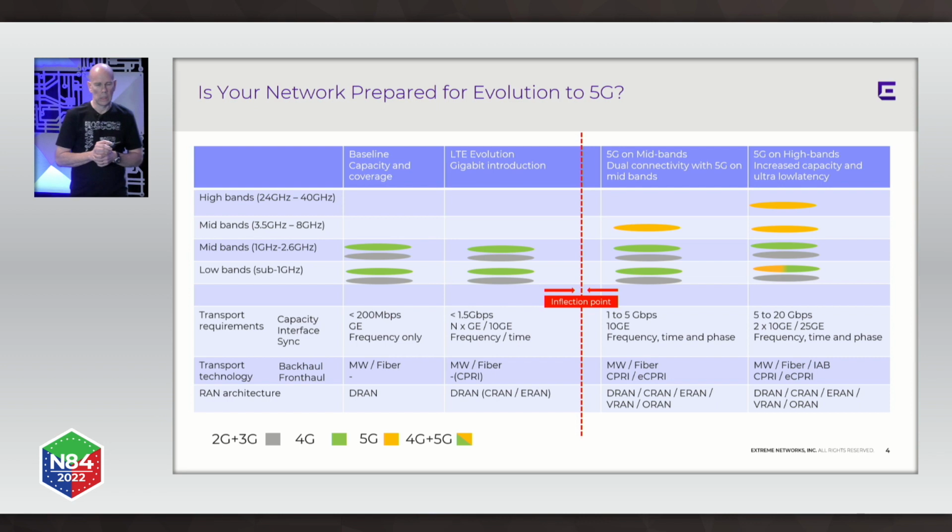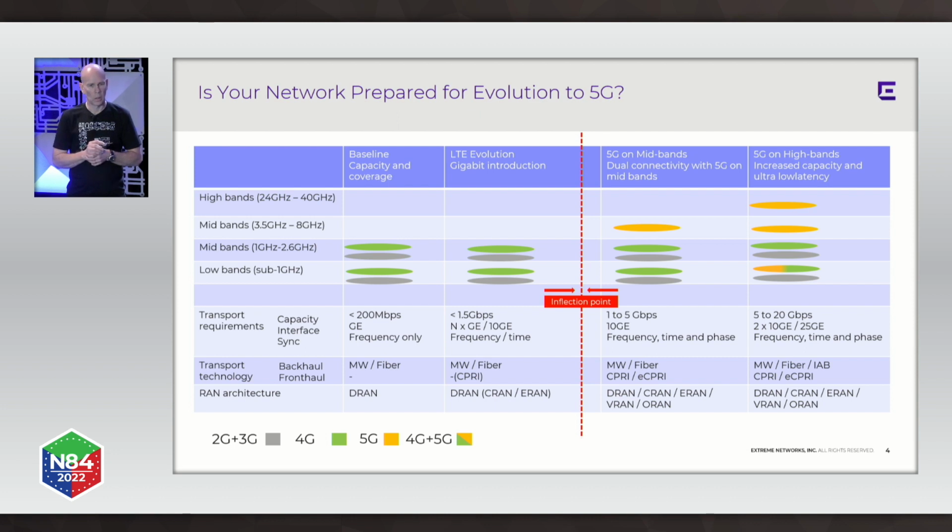So is your network prepared for 5G transport? I'm going to ignore the upper part of this slide where you talk about the different bands. You have the millimeter wave, you have the C bands, things like that. And instead, pinpoint the transport requirements and the technologies.